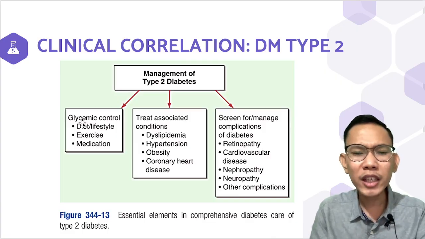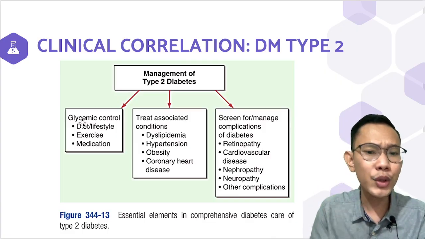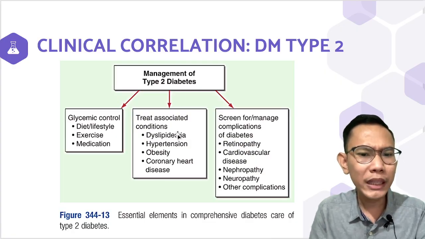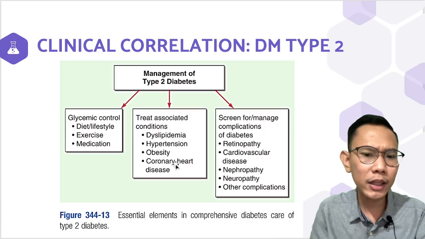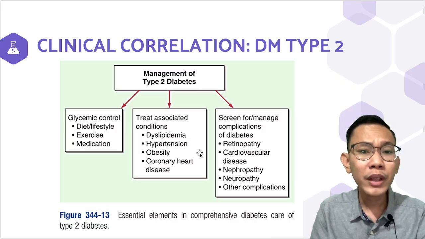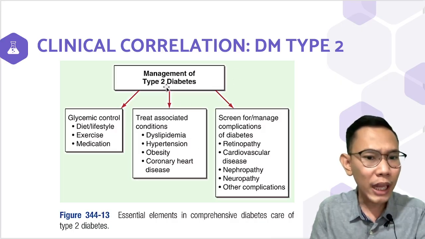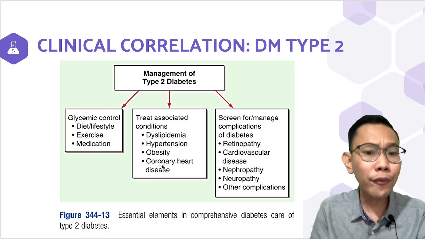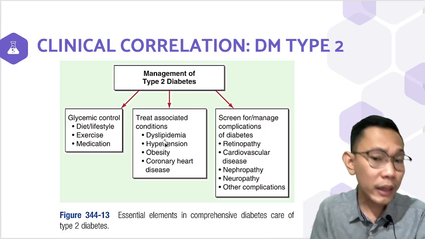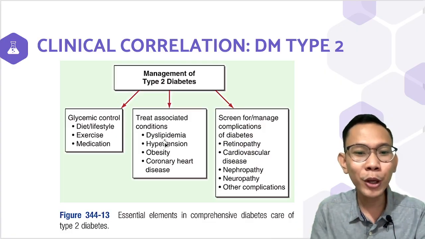And also, it's not just you are treating the diabetes mellitus. You have to treat other conditions such as your dyslipidemia, hypertension, obesity, coronary heart disease. These are different factors that will also increase your chances of having type 2 diabetes. So that's why you have to address these different problems. And we also have to screen and manage different possible complications.